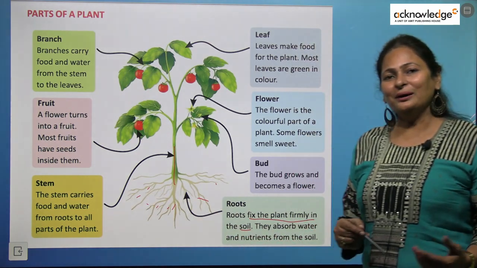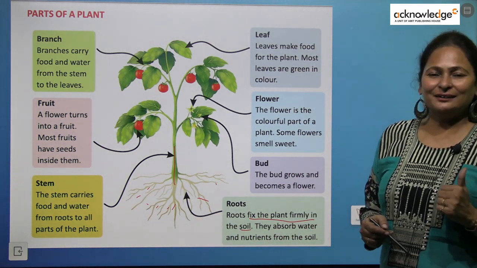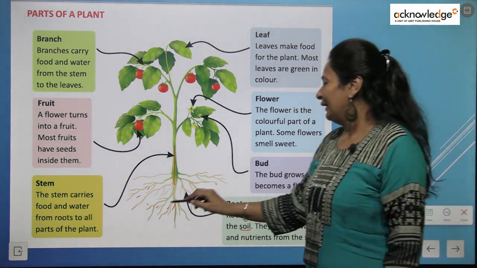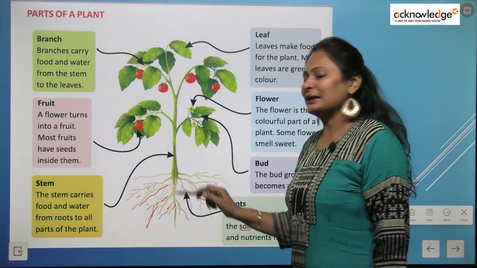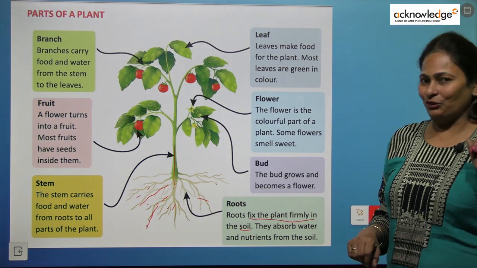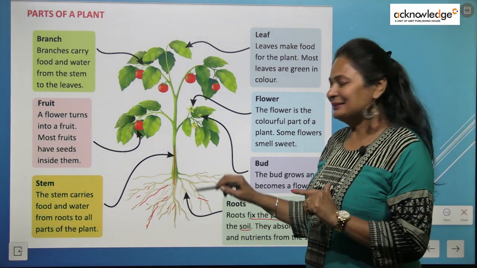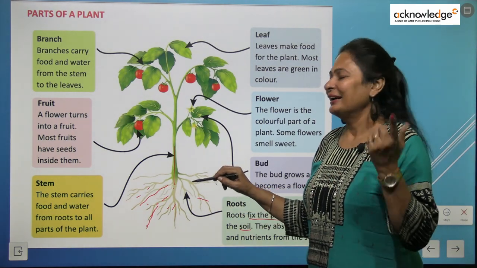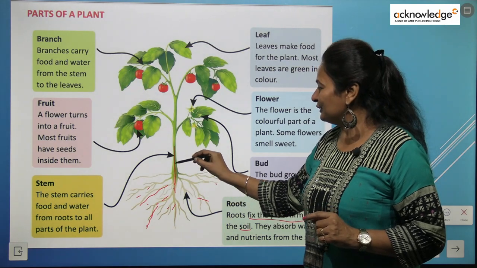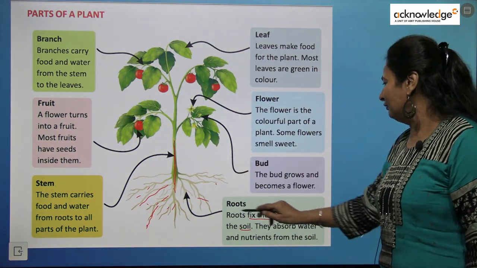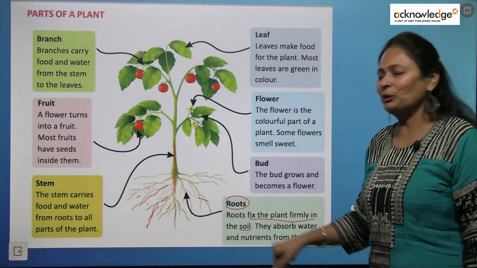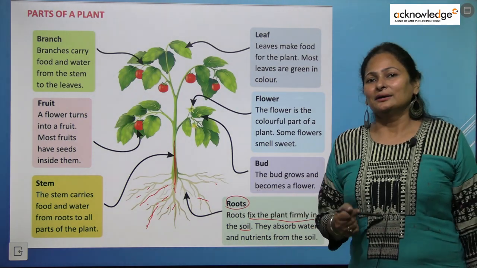And roots grow, as we have discussed, under the ground. Very good. It absorbs water, minerals and other nutrients from the soil and transfers it to where? Correct. And transfers it to stem. So, this is the function of roots. Have you understood, kids? Right.